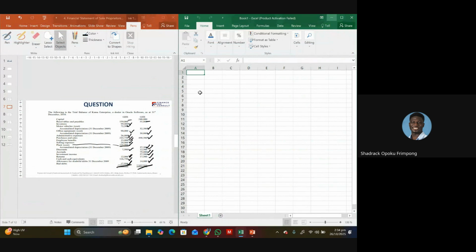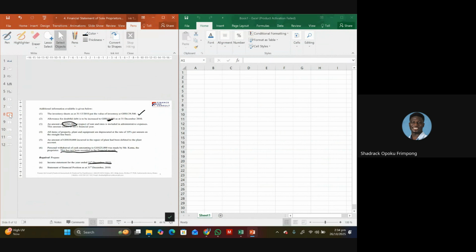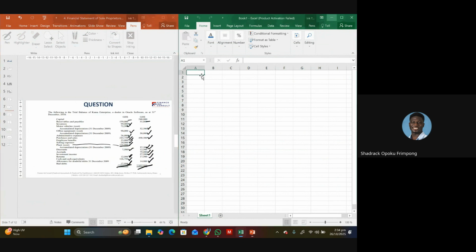So we are going to start with our profit or loss statement. Once again, the profit or loss statement is also referred to as the income statement. And our balance sheet is also referred to as the statement of financial position. So let's start.